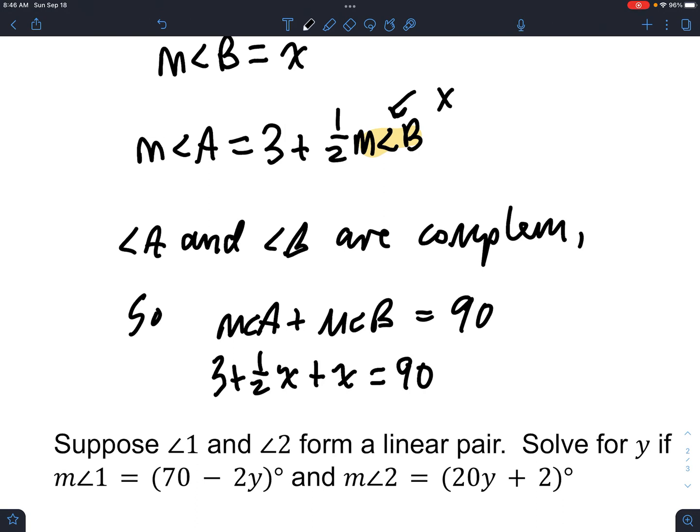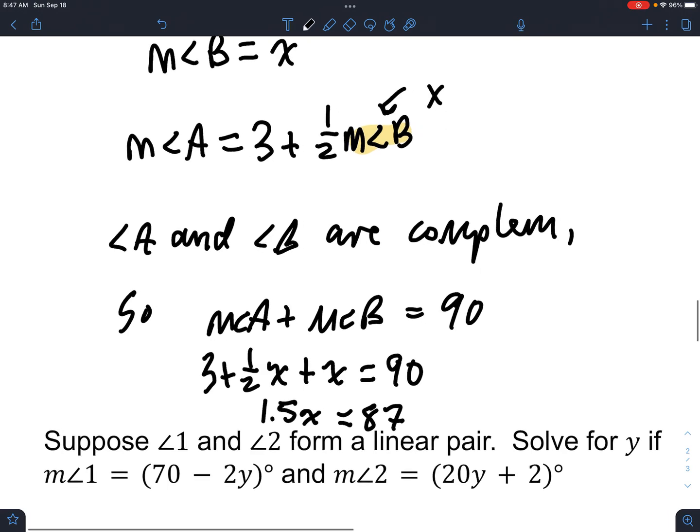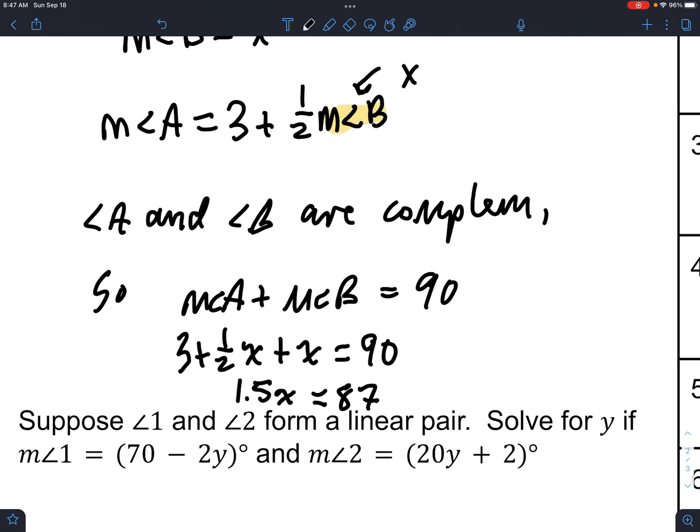So we get what? 1.5x equals 87. Let's make sure that's right. I think we get x is 58 from that.